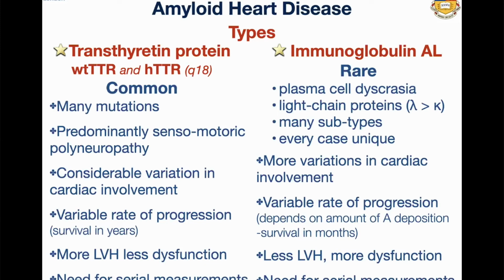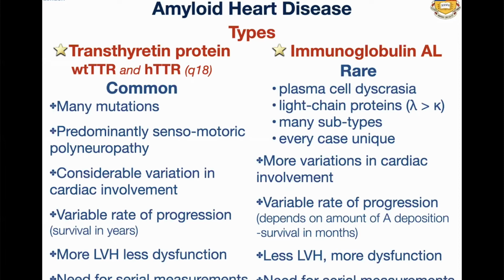There is predominantly a sensory motor polyneuropathy that can be a hint to make a clinical diagnosis. There are considerable variations in cardiac involvement, and there is a variable rate of progression. Not all are progressing at the same rate. And survival is in years.